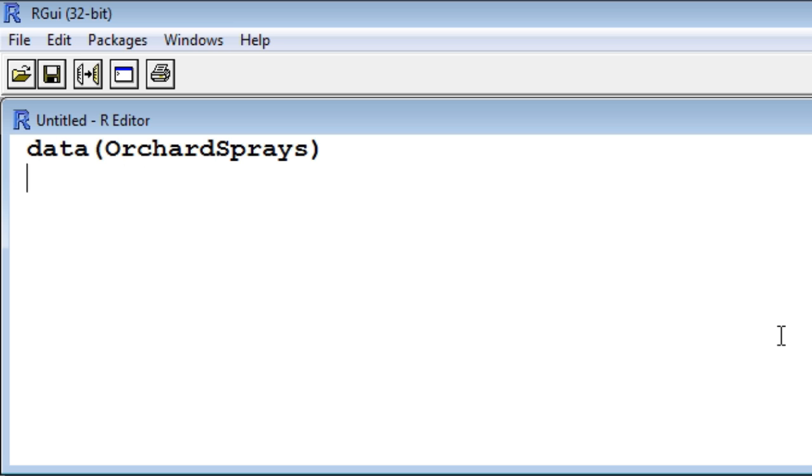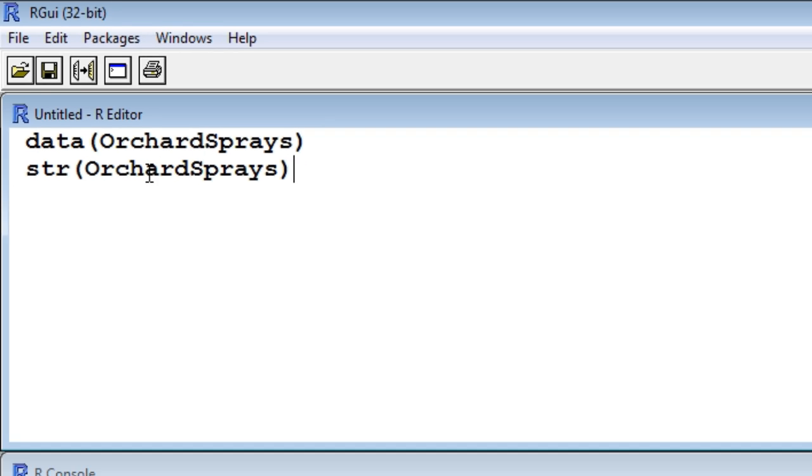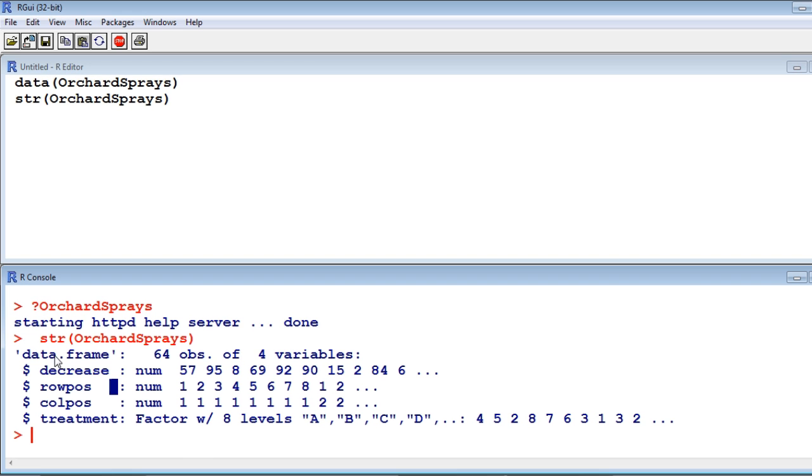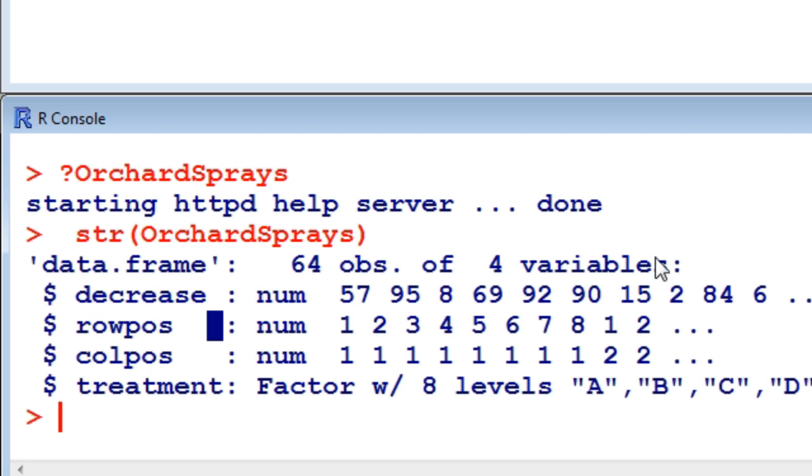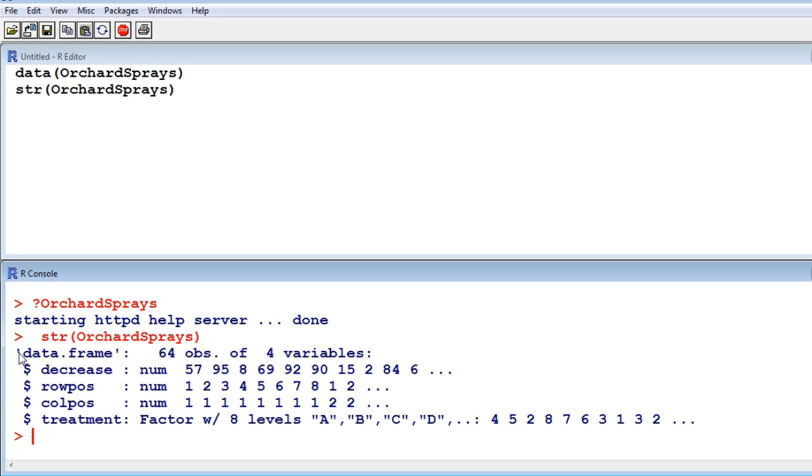Okay, so let's look at the structure of OrchardSprays. Be sure to type with a capital O and a capital S here. So the structure is like that. It's a data frame, 64 observations of 4 variables. And there is decrease, rowpos, colpos, and treatment.